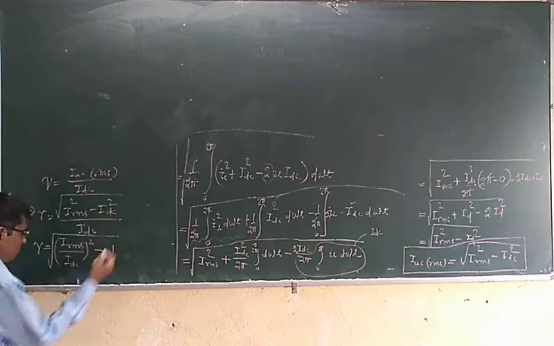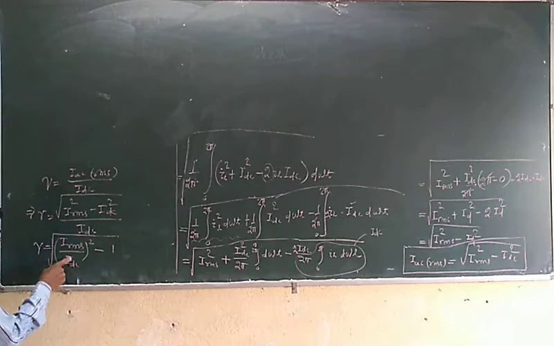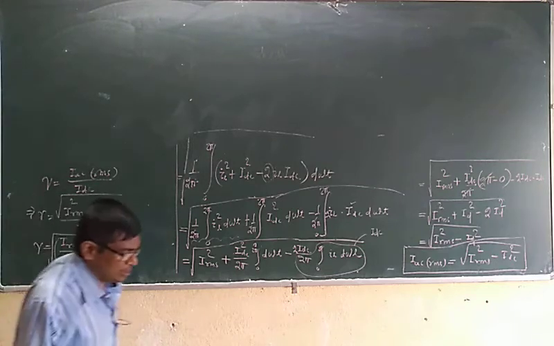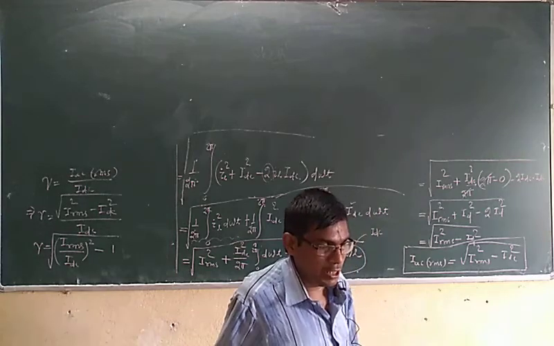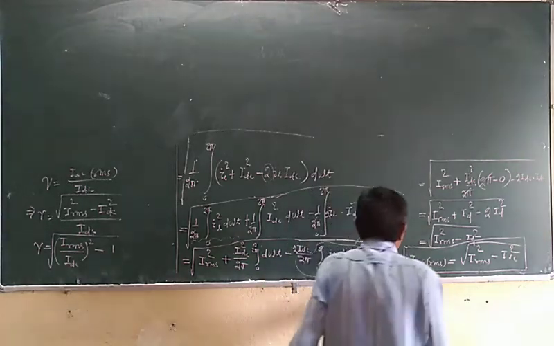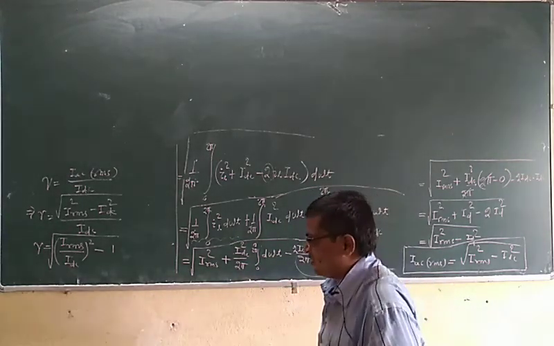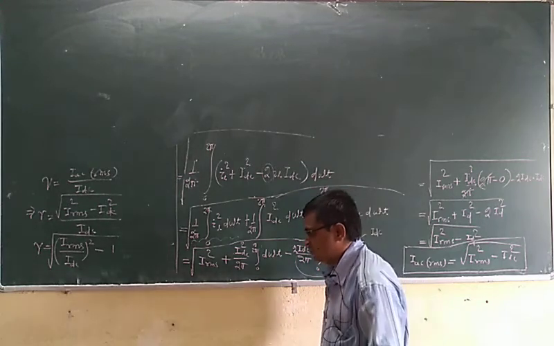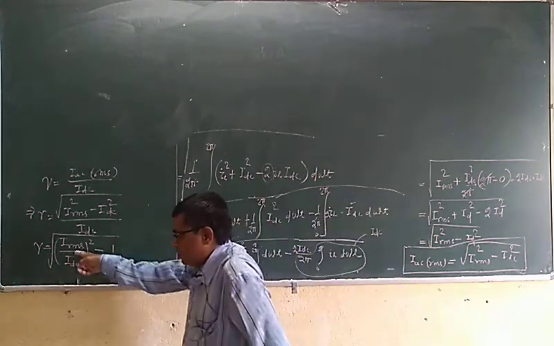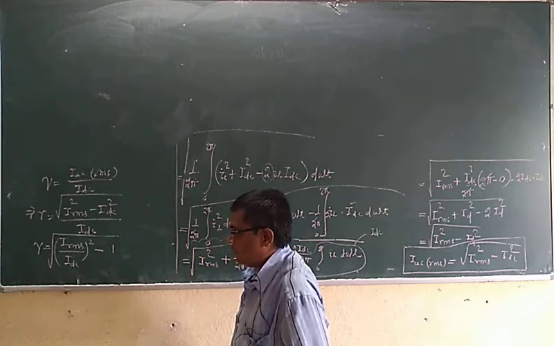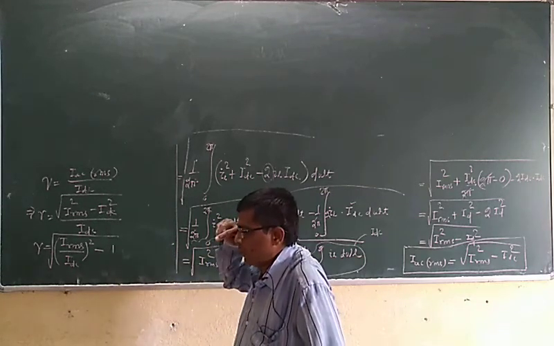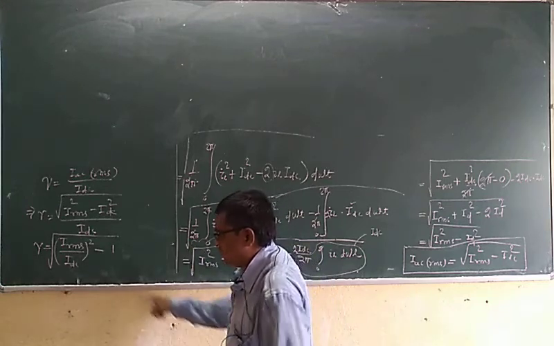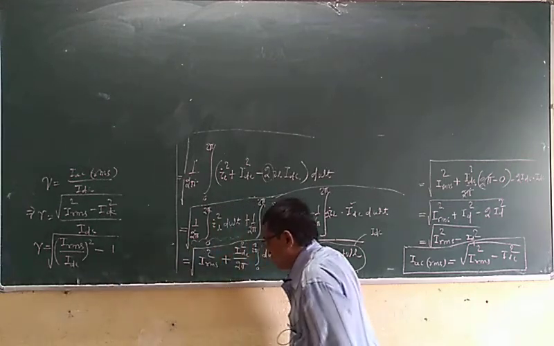So this value IRMS by IDC is known as the form factor. In the previous class I discussed the form factor. Form factor is IRMS divided by IDC. So the form factor value is 1.57. Now we put this value in. Next we calculate the particular value of gamma.